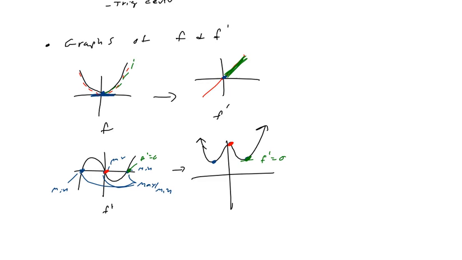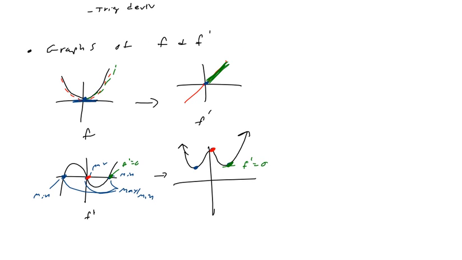So in general, what you need to think about is the following things. F is the graph. For F prime, that's all the slopes of the tangents. And you need to remember that F prime equals 0 is a max or min. When F prime is equal to 0, that's a maximum or a minimum.